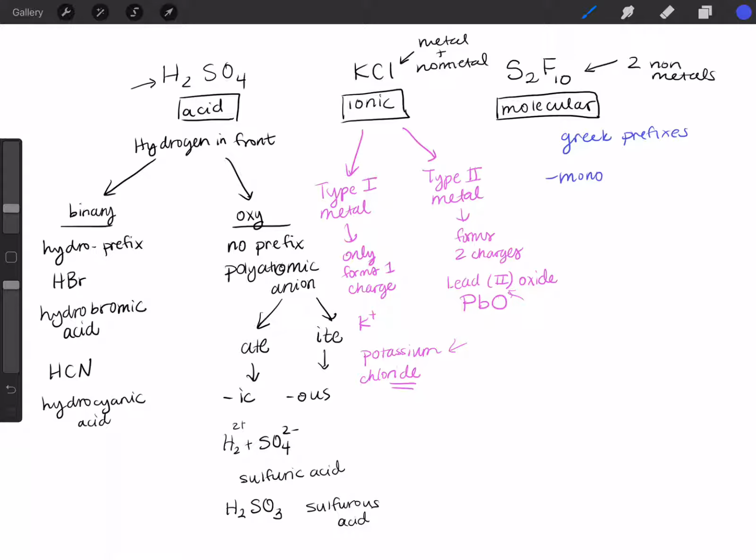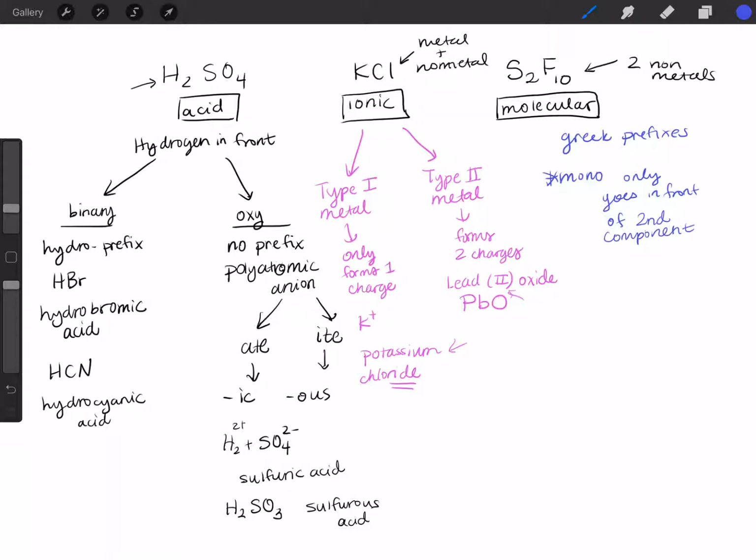Mono only goes in front of the second component. And mono is the only really special case.